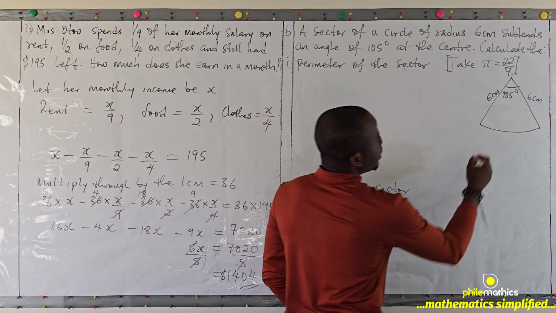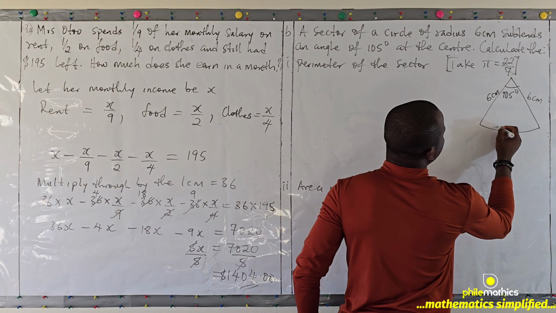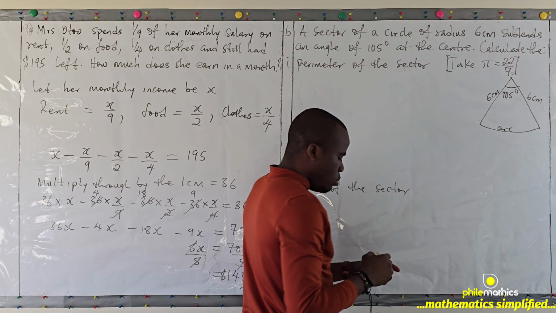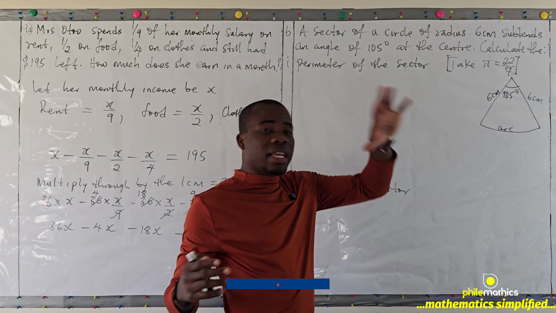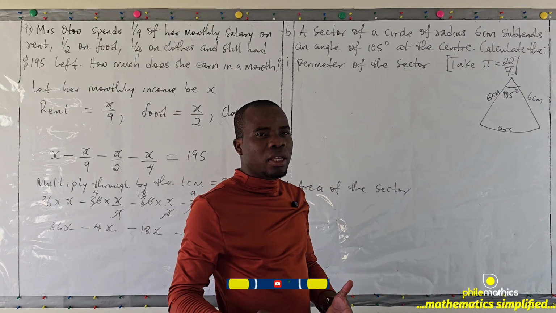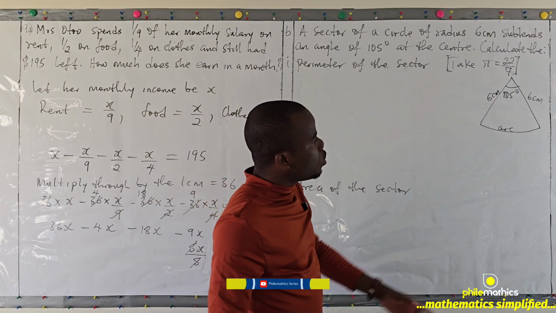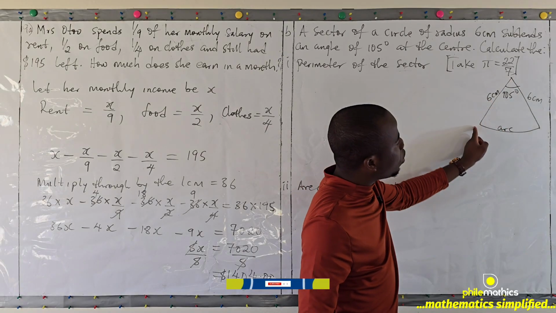So this is what the length of arc means. This is an arc. Remember, perimeter simply means the distance around a plane figure. So the perimeter will be this plus this plus this.